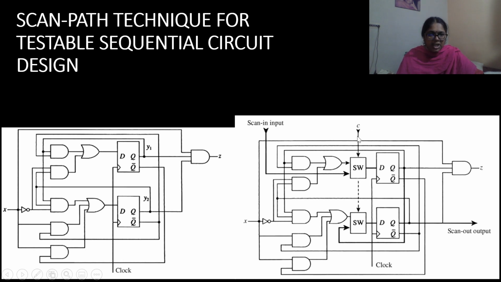Now we are changing the C input to 0 so that it goes to the normal mode, that is, the circuit will be working in normal mode. How does it work in normal mode? When C is equal to 0, the A input of the switch will be given to the D flip-flop. In this case, output of this OR gate will be given as input to the D flip-flop, and output of this OR gate will be given as input to the second D flip-flop.